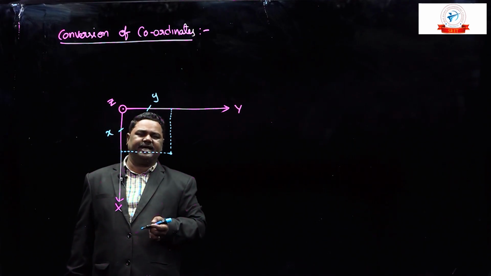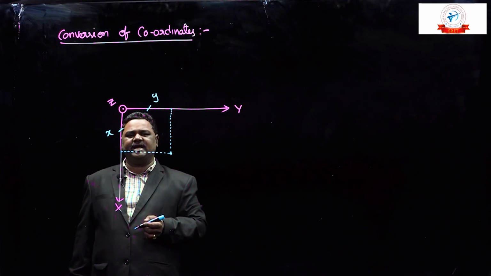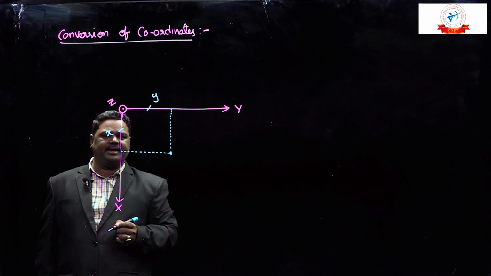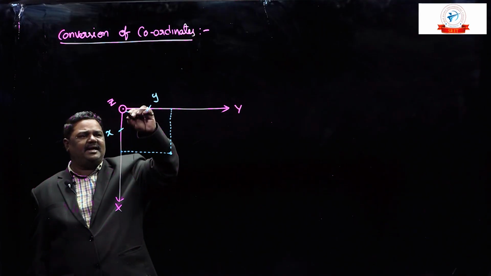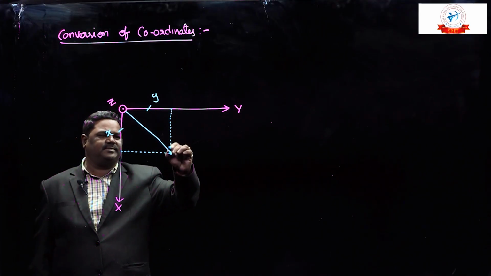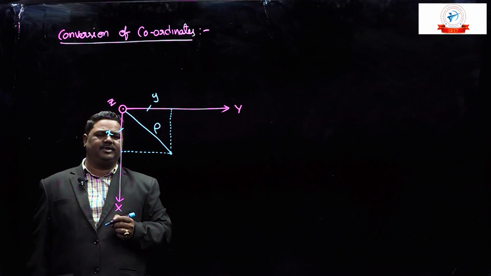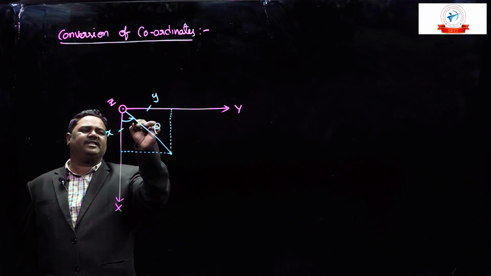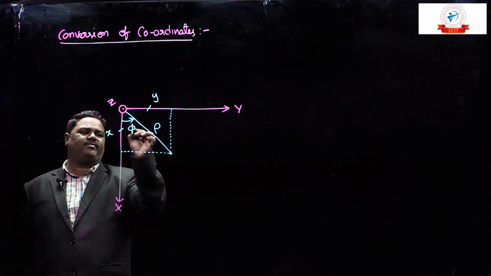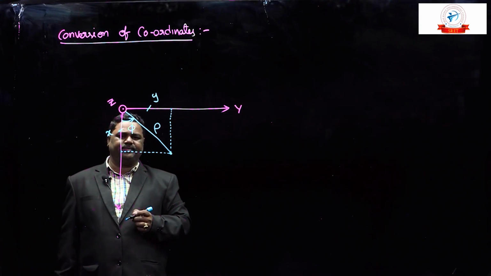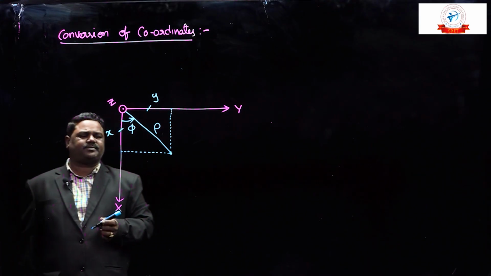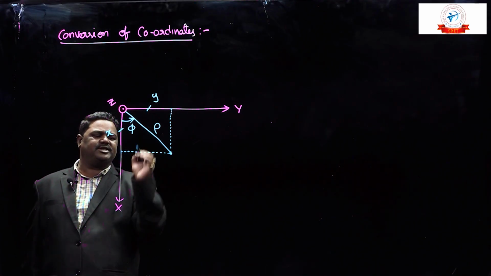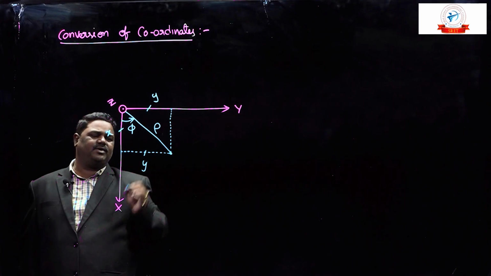In the cylindrical coordinate system, for any random point, the radial distance from the z axis is called rho, the rho coordinate. And the horizontal angle made with the x axis is phi. This length shown here is parallel to the y coordinate, so I can say this is y here.